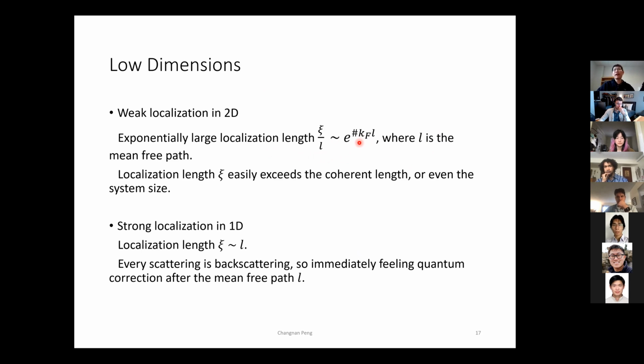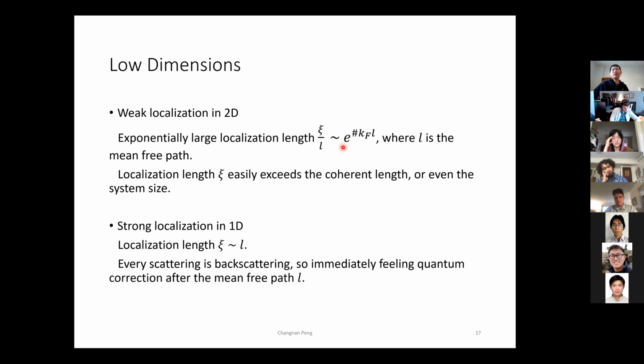And kFL, if we have weak disorder in the semi-classical picture, is usually much greater than 1, because kFL is the ratio of the mean free path to the size of the wave packet of the electron.